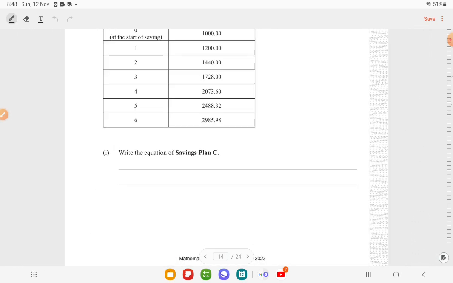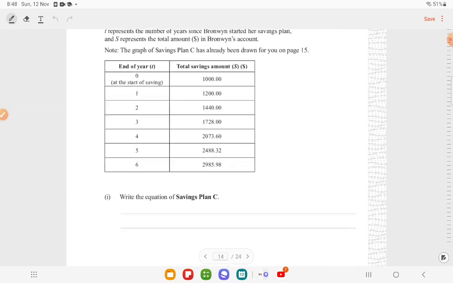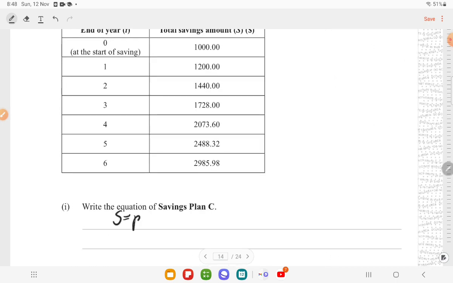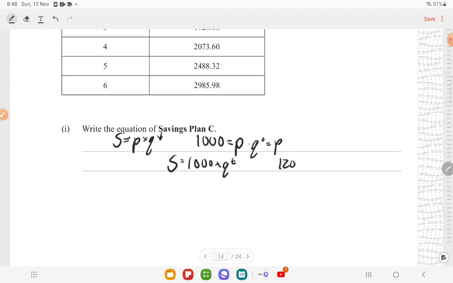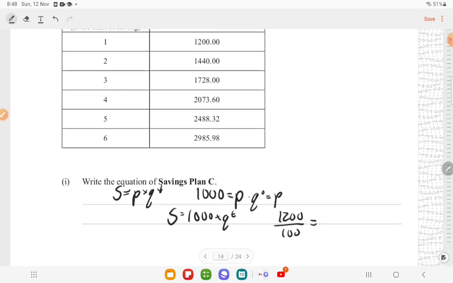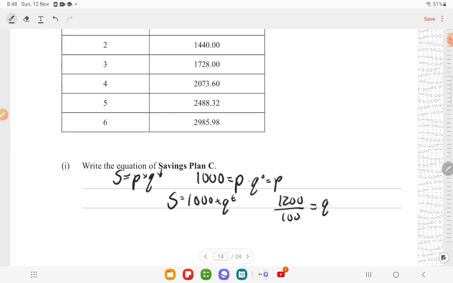The equation for savings plan C: S is equal to P times Q to the T. 1,000 is equal to P times Q to the 0, which is just P. So then S is equal to 1,000 times Q to the T. We're given that 1,200 over 1,000 is equal to Q to the 1, which is equal to 6 over 5.